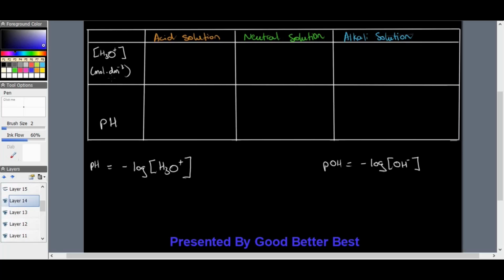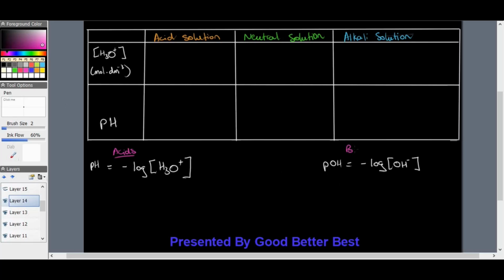The pH scale uses a negative logarithm of the hydronium ion concentration. So the pH scale follows this formula: pH equals negative log of the concentration of H3O+, the hydronium ion. This exists for acids. Bases have their own one, which is the pOH level.